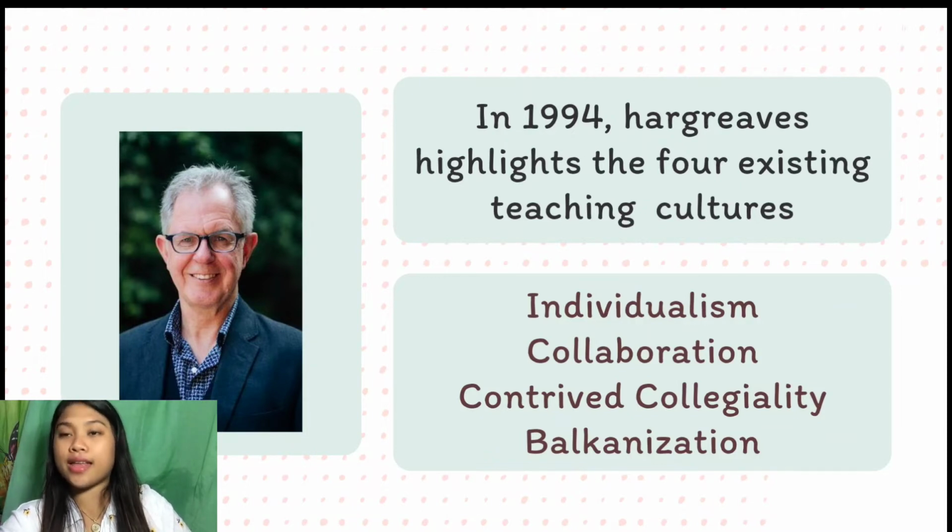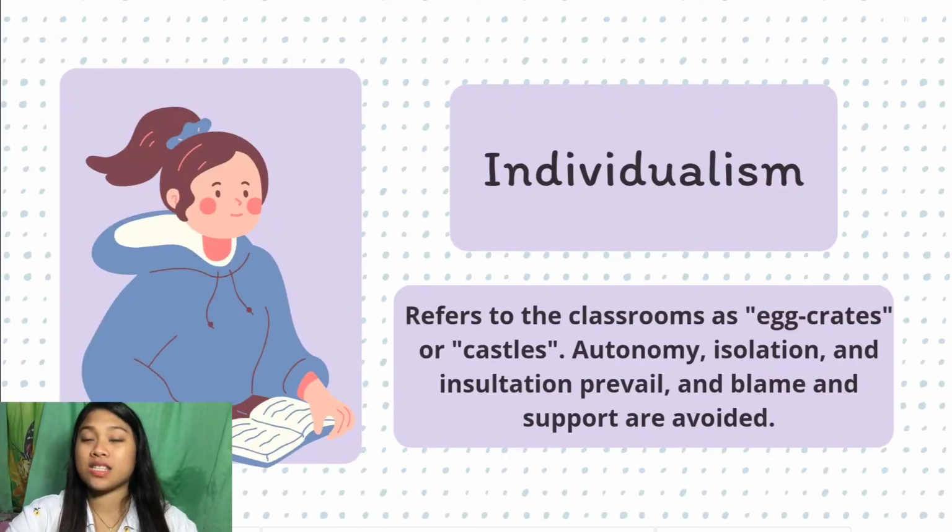On the other hand, the other 3 are less favorable for change because they are considered to have a negative effect on teachers, which are individualism, contrived collegiality, and the most extreme one, balkanization. But let us discuss individualism first.